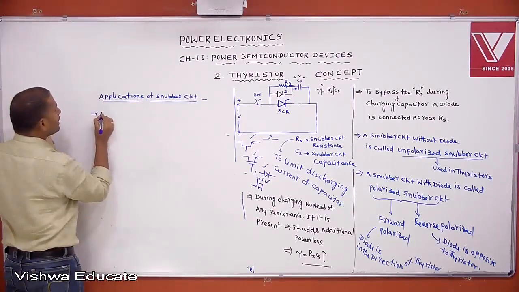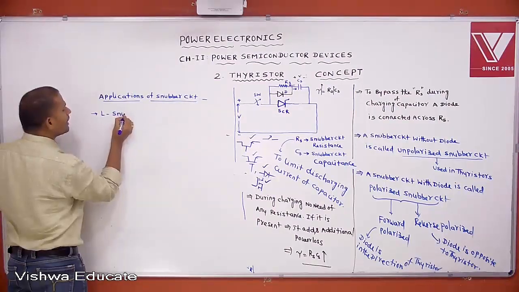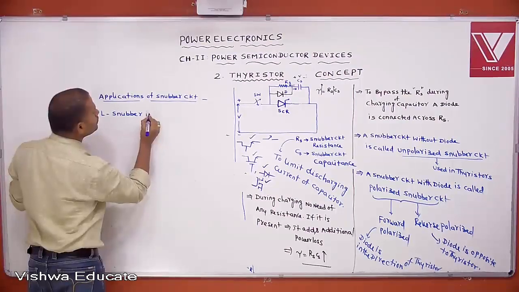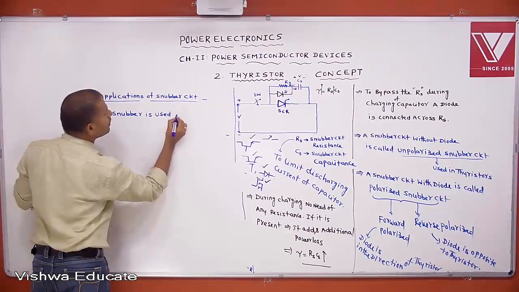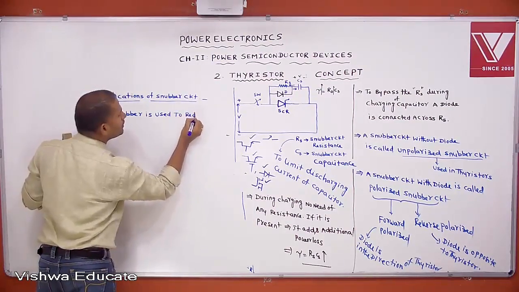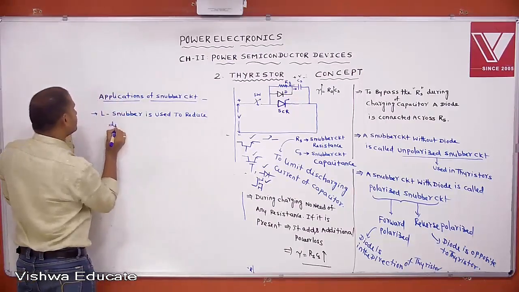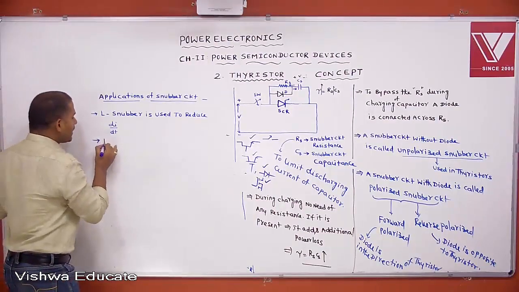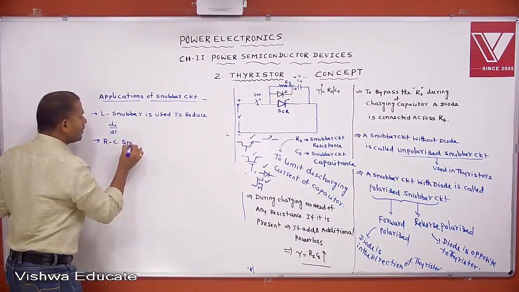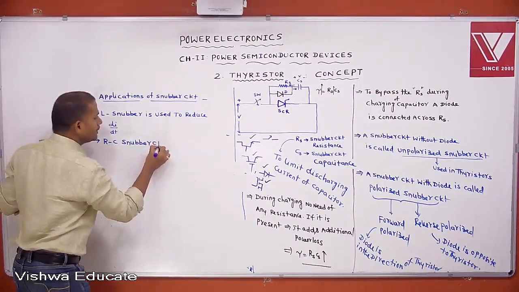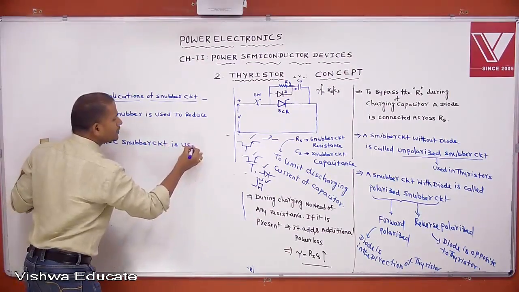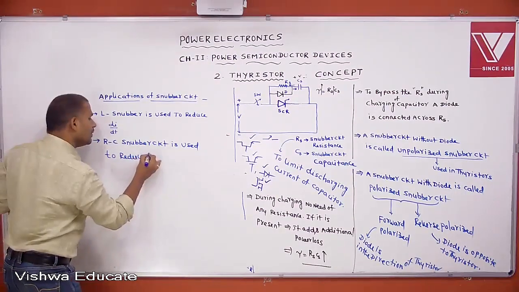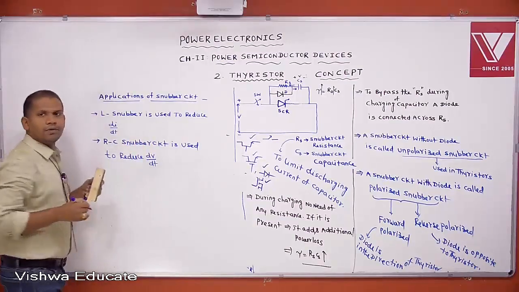One is the L snubber, which is used to reduce di/dt. But the general snubber circuit is the RC snubber circuit, and the RC snubber circuit is used to reduce dV/dt.